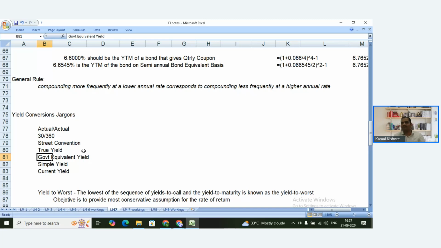That we know. Next. It does not contain bank holidays, meaning whatever public holidays are there, it does not consider. Read it again. Street convention.